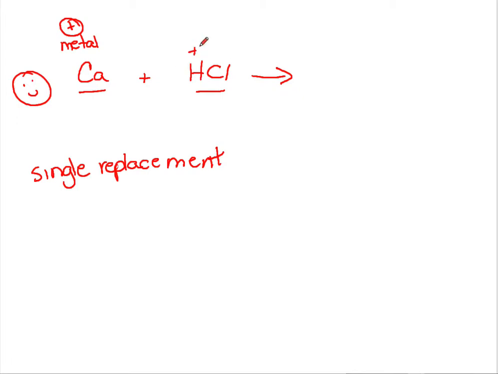It is the positive ion, and the chlorine is the negative ion. Positive one, negative one. So this metal is going to try to kick out hydrogen. And when it does that, hydrogen goes off by itself. And calcium is going to hook up with the chlorine.